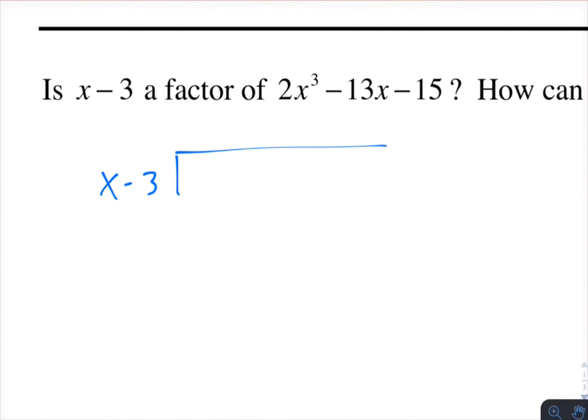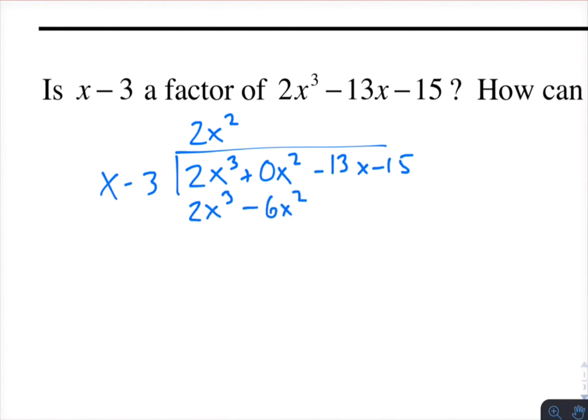So I'm going to put the dividend inside the box. Oops, almost forgot the placeholder for the x squared. All right, and away we go. Multiply. Subtract.